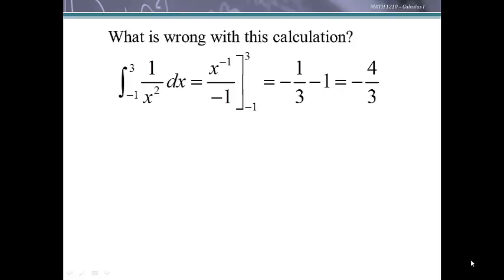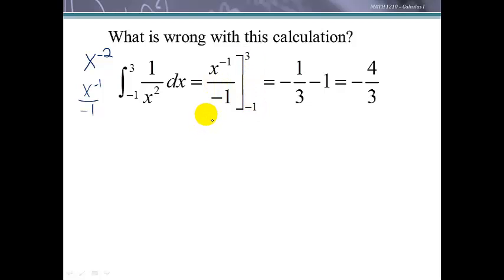What's wrong with this calculation? We have the integral from -1 to 3 of 1 over x squared dx. Well, if I looked at 1 over x squared, I could express that as x to the -2. If I'm thinking of an antiderivative, it would have been 1 higher power, and then we divide by this. And oh, that's exactly what I have here, evaluated from -1 to 3.